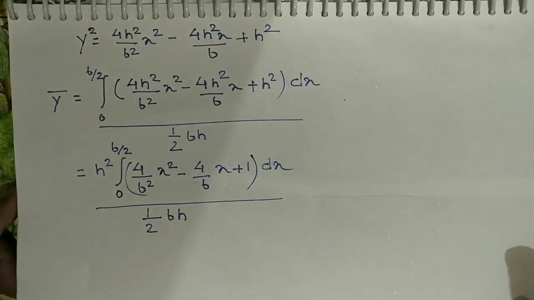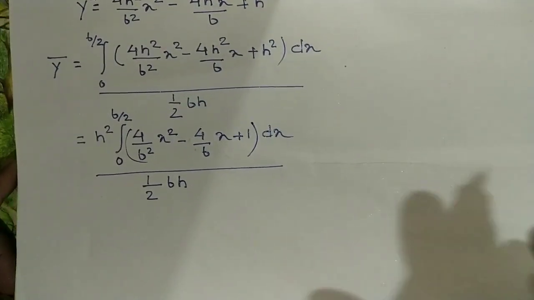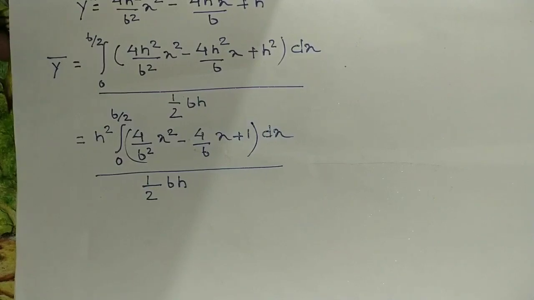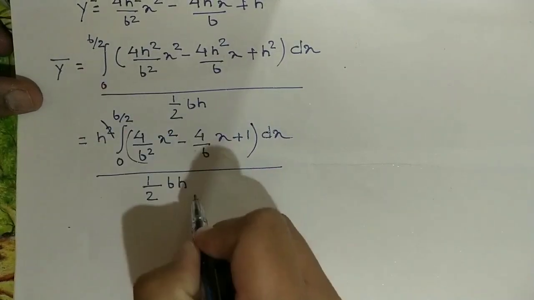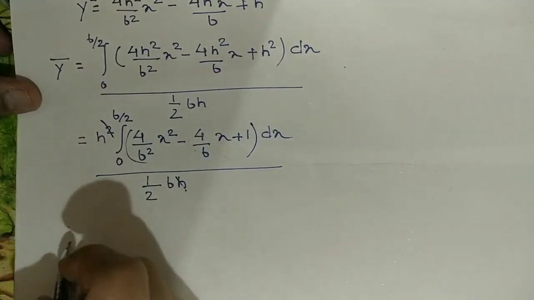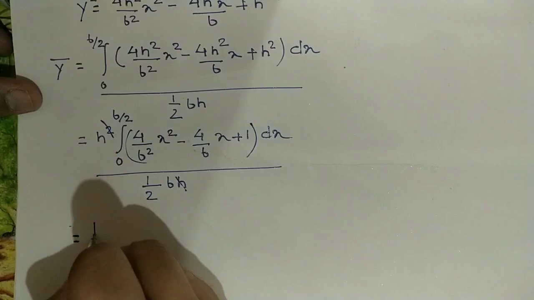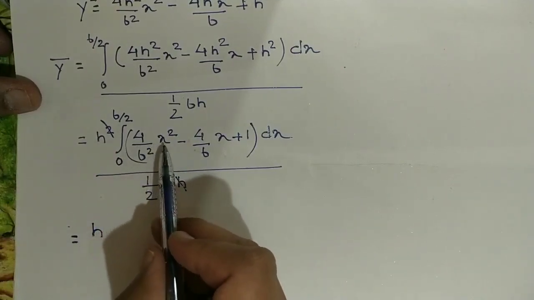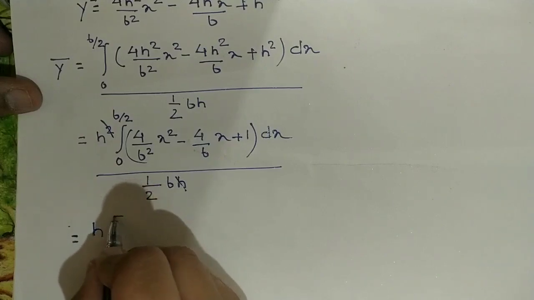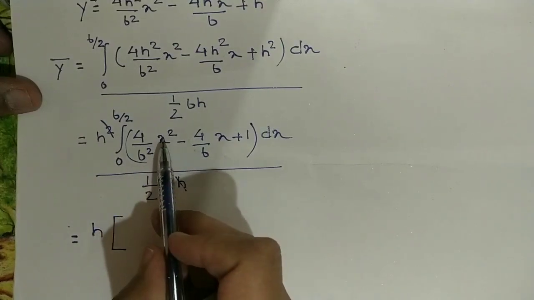So now there is no possibility of further simplification, so I am integrating it, and there is a possibility that it will get cancelled out. So there is h, and let us integrate the x square.